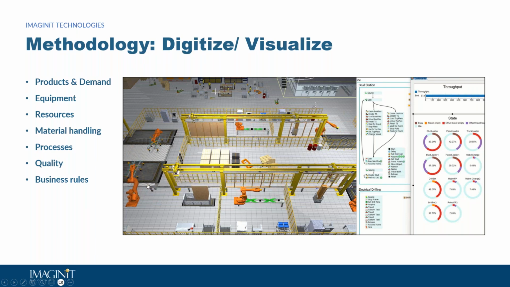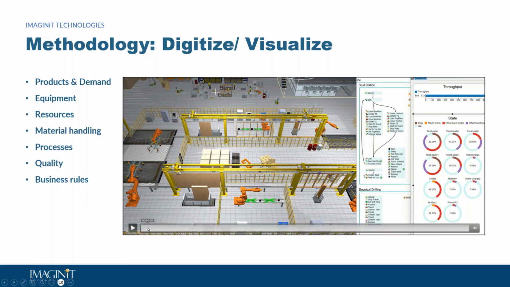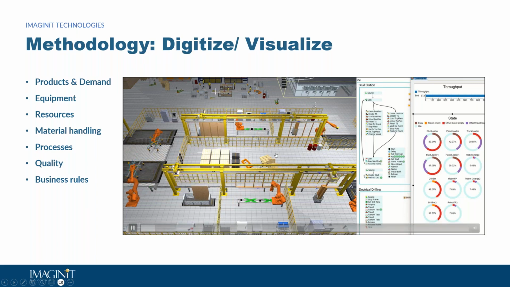So taking the products and demand, your process information, equipment, resource requirements, and all of the different business rules that dictate how things move through and how decisions are made within the factory, we can model that and visually see how things are going to behave and where inventory is going to build up within that operation.